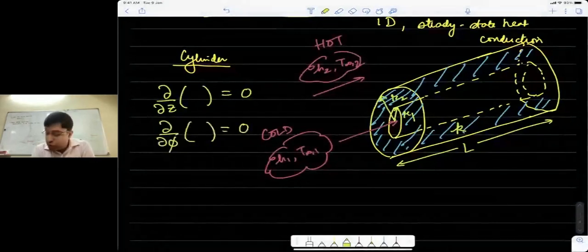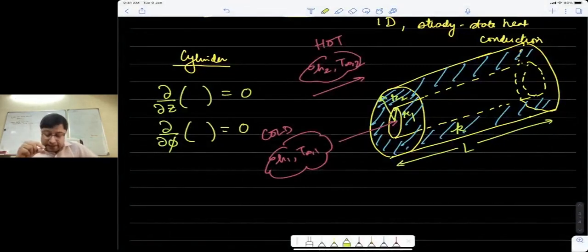So that also doesn't show up. So this is axisymmetry. So the only change that we would see here, because there are two fluids which are separated across a shell, will be the change in temperature along the radial direction. And we are going to try and quantify the rate of heat transfer by conduction between the outer fluid and the inner fluid.